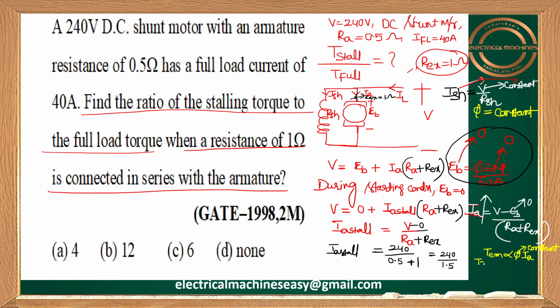Therefore, T stall by T full load is equal to Ia stall by Ia full load. What is the value of Ia stall? We just calculated 240 by 1.5. And what is the value of IFL as given in the question? 40 amperes.